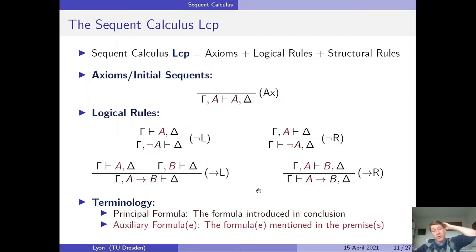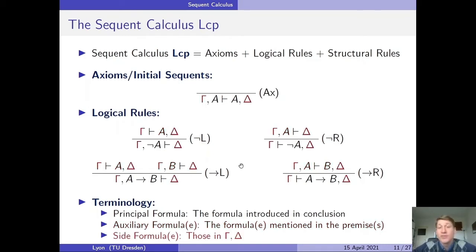We have auxiliary formulae. Auxiliary formulae are those which are explicitly mentioned in the premise or premises. So in the case of the negation rules, it's A, and in the case of the implication rules, it's the A and the B. We also refer to principal or auxiliary formulae as active formulae more generally. In other words, an active formula is a formula which is either principal or auxiliary in an inference rule.